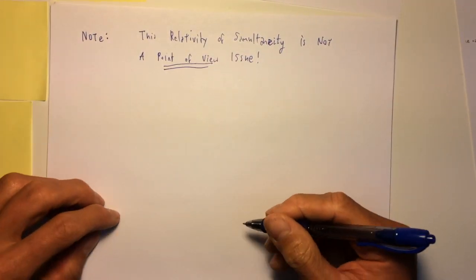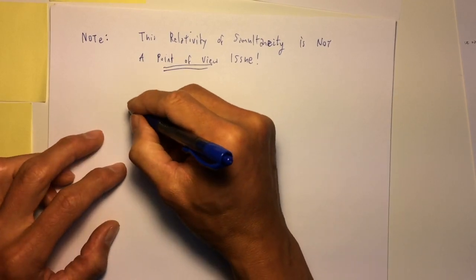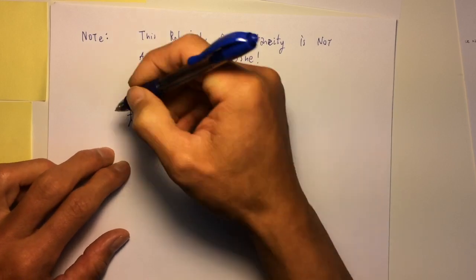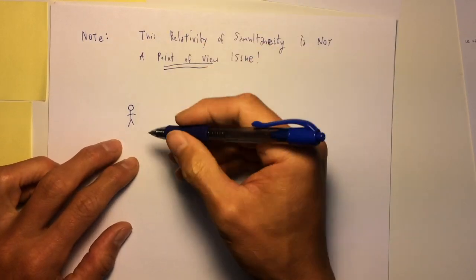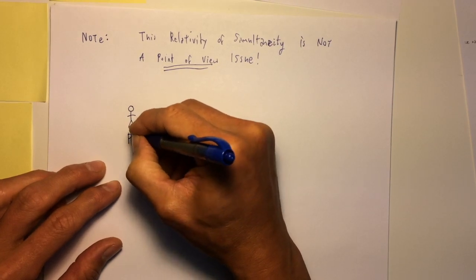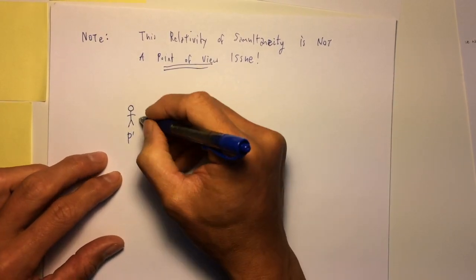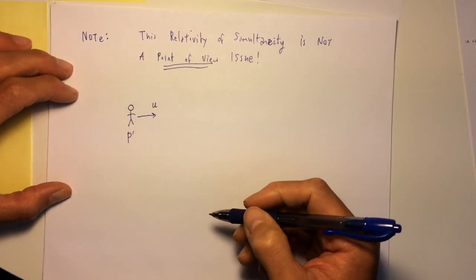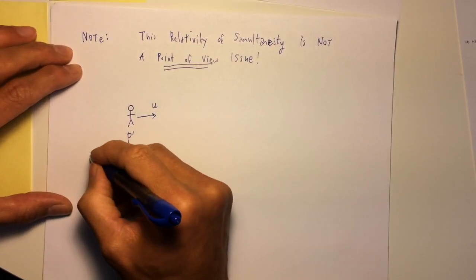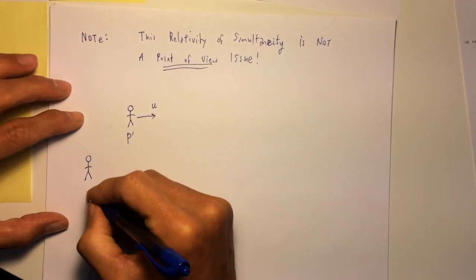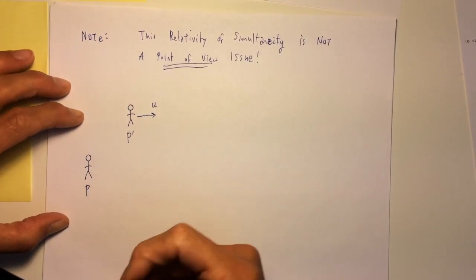You might say that here is a person, and they are, for example, moving. I'm going to call this person P prime for obvious reasons. And they're moving towards the right at speed u relative to another person, and this person is called P without a prime.